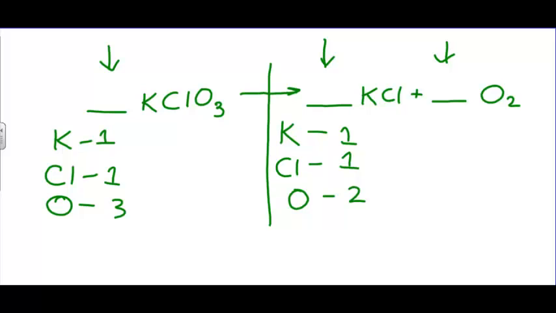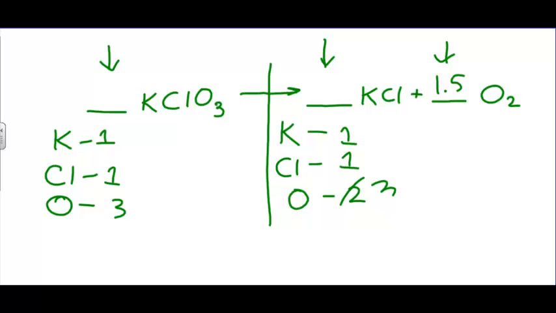So what you could do, Dylan, because you got halves, is you could put a 1.5 here. Don't do this right now. Just watch me. That would make this 3 and then everybody's balanced. But it's impossible to have 1.5 molecules. So what you'd have to do then is get rid of that half by multiplying all the coefficients by 2. So this would be 3, 2, 2.